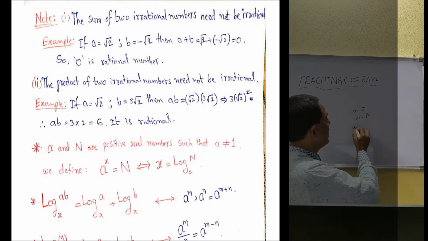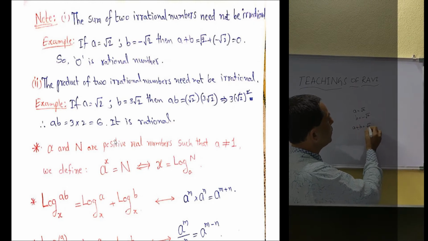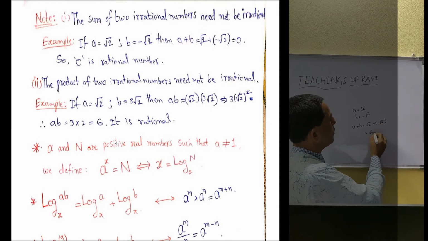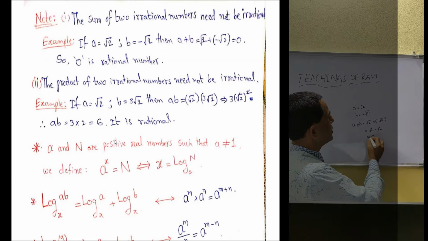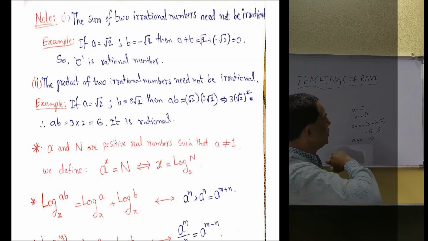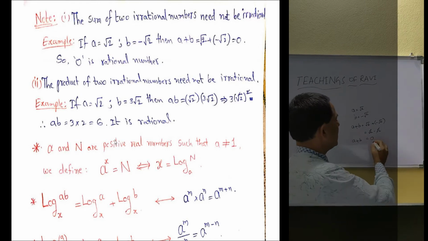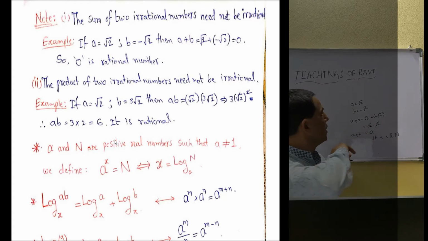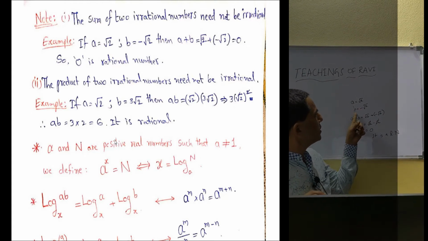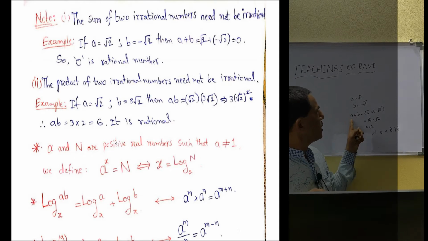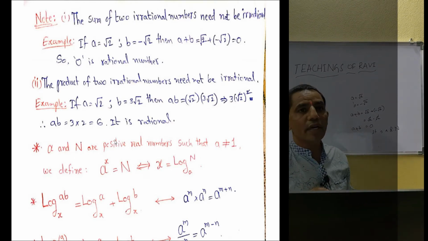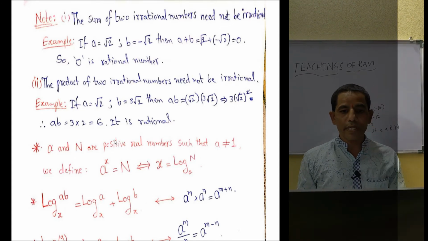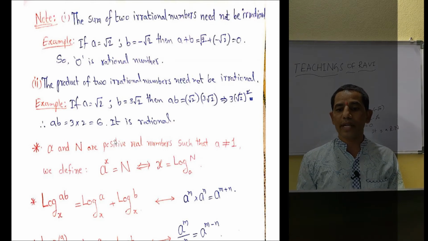Adding, a + b = root 2 + (minus root 2) = root 2 minus root 2. They cancel, and we get 0. So a + b = 0, which is a rational number. So the sum of two irrational numbers may not be irrational.